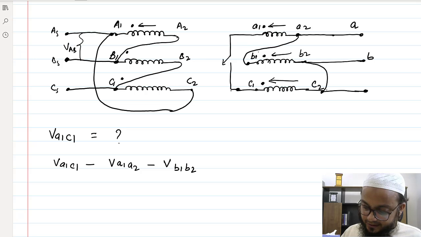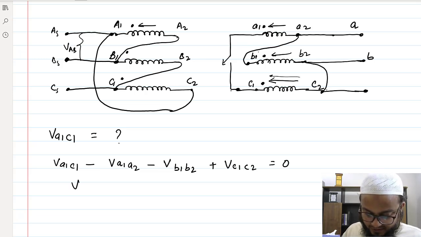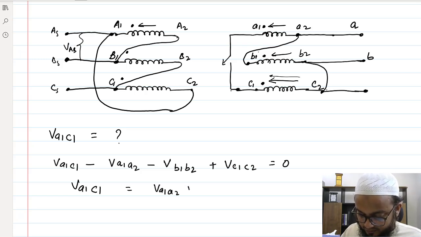And here you see an increase in the voltage, so that is plus VC1, C2 and 0. So VA1, C1 would be VA1, A2 plus VB1, B2 minus VC1, C2.